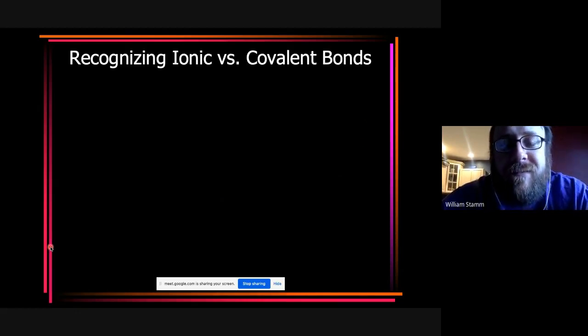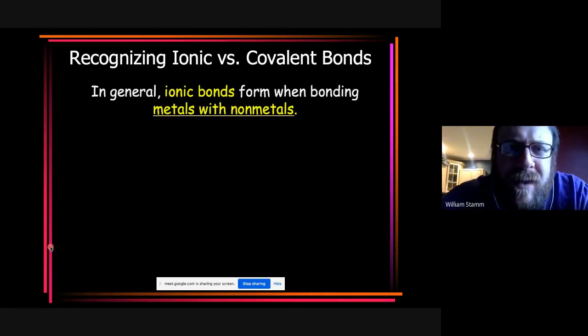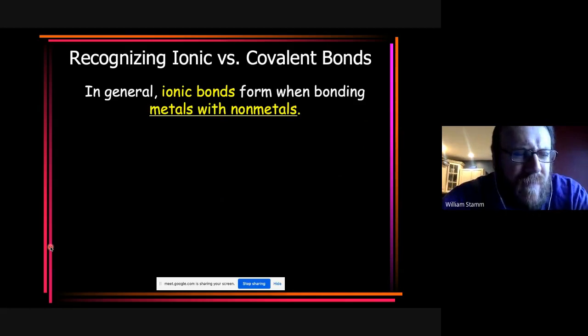Now, to get really specific with this idea, we can actually do some very simple math, comparing those electronegativity values to each other, for the two elements or atoms that are in a bond. So in general, we already know that ionic bonds form when metals and nonmetals bond together. We know that from last chapter.